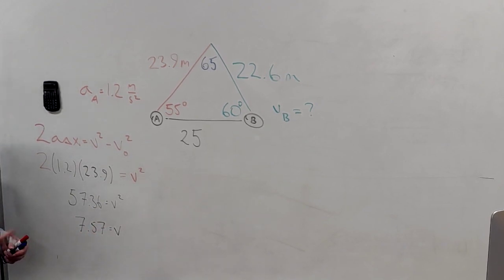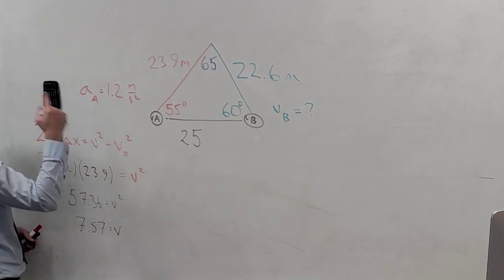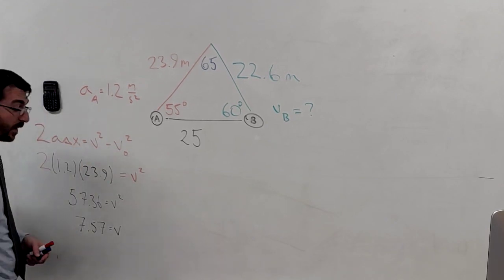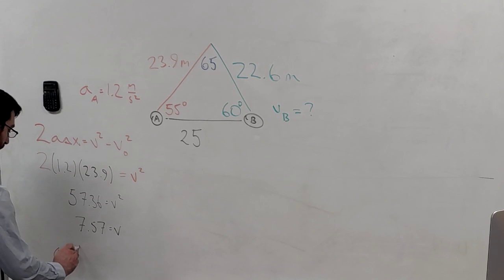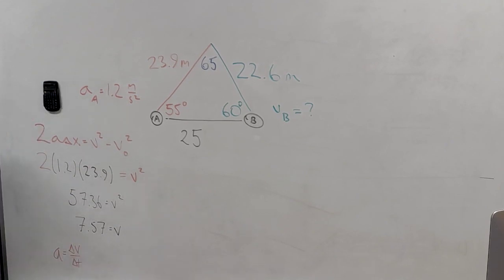Now that's one way of getting it. Knowing that the velocity is 7.57 and the acceleration is 1.2, I should be able to find the time with this equation. Rearrange that to find the time.